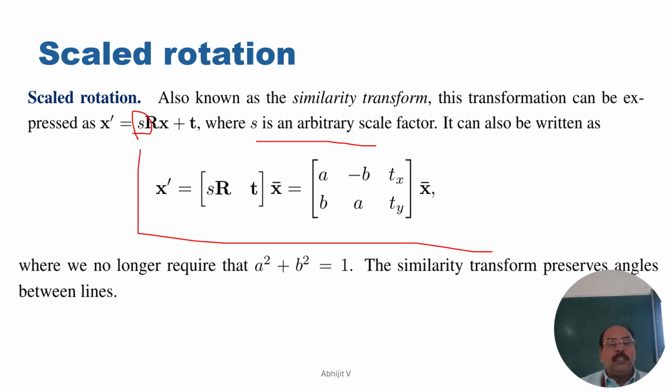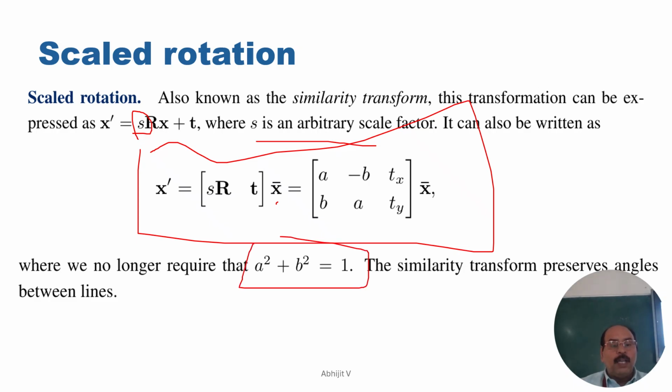So the output x dash can be written as S R T, a row vector, into x bar. Here we don't require a square plus b square to be equal to 1. So similarity transform preserves angles between lines.